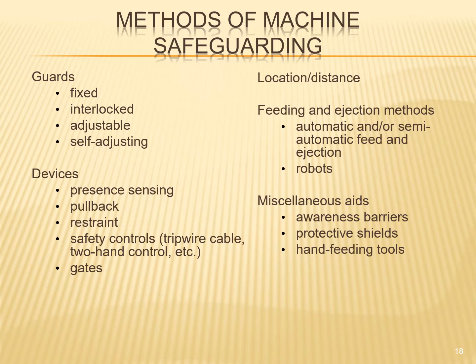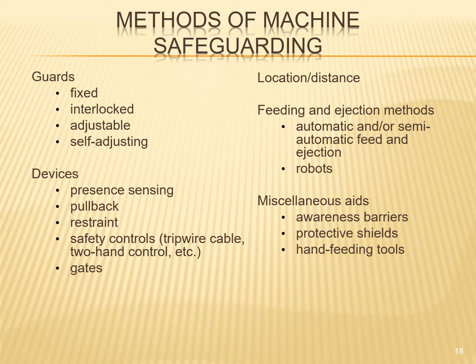Methods of machine safeguarding. These give you the different types and examples of each type. First type is guards, which include fixed, interlocked, adjustable, self-adjusting. The next type are devices, which include presence sensing, pullback, restraint, safety control, trap wire, cable, two-hand control, etc., and gates.